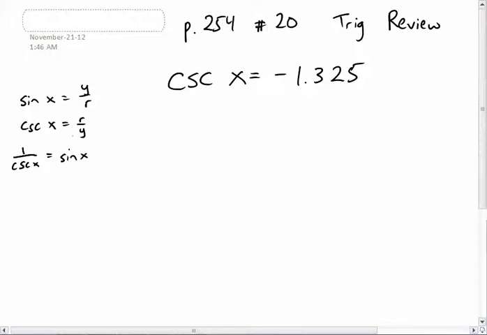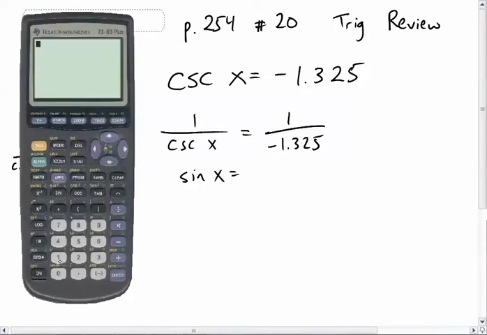So if I did 1 over the left-hand side, that would be the same as 1 over the right-hand side. So sine x would be equal to 1 divided by negative 1.325, or negative 0.7547.